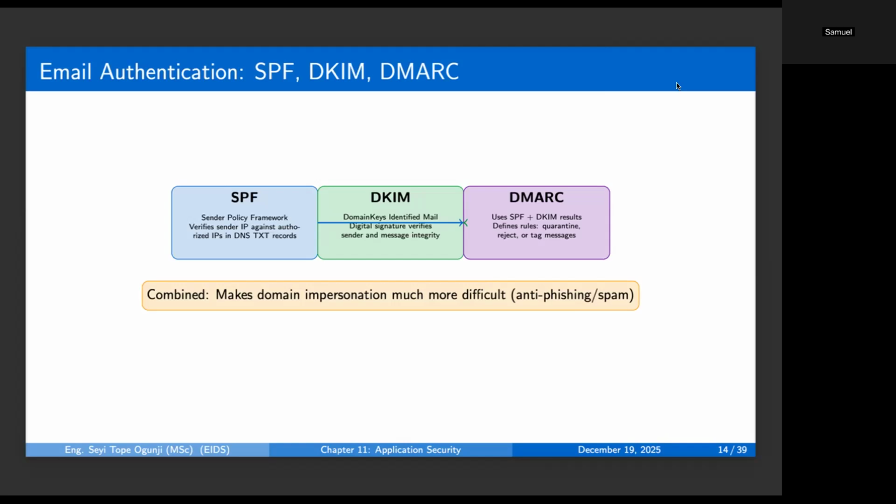For instance, you confirm by the digital signature, which confirms the sender and the message integrity. So the SPF confirms who is allowed to send email for this domain. The DKIM confirms this person that is actually sending, is it the real one? Is it the real person?